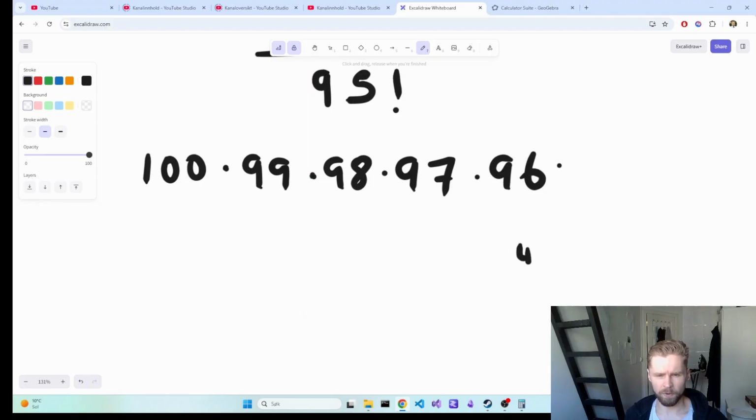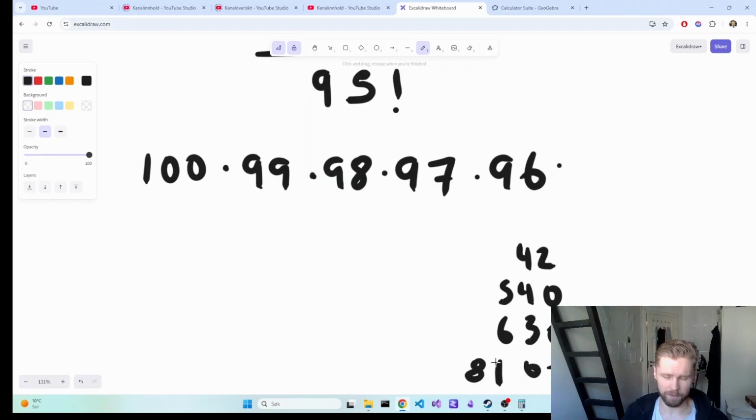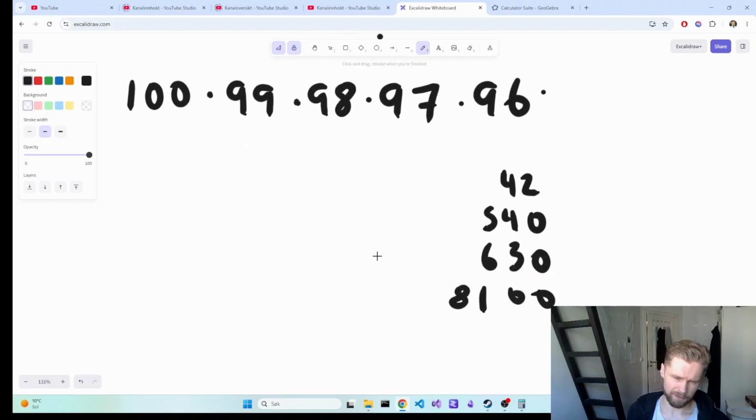So that's going to be 42. It's going to be 540. Then it's going to be 630. Then it's going to be 0081. That's how I do it. So that's going to be 8, 11, and there we go.